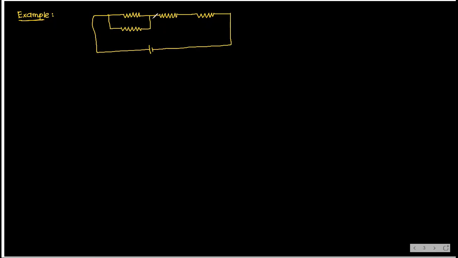This is the diagram of the next problem we are going to do. And this is 4 ohm. And this is also, let us suppose, 4 ohm. This is 4 ohm and this is 8 ohm. Okay. And this is, let us suppose, 32 volt. How much potential? 32 volt.